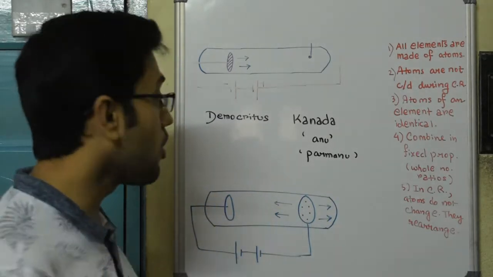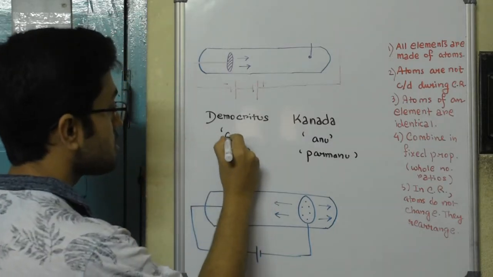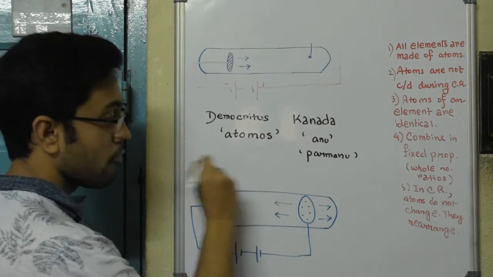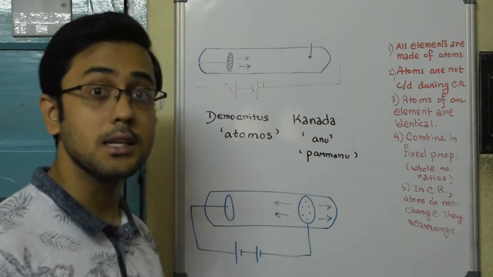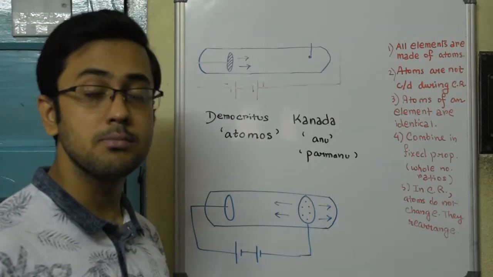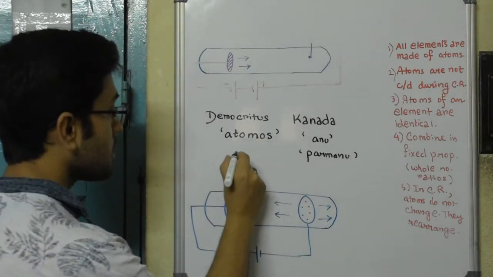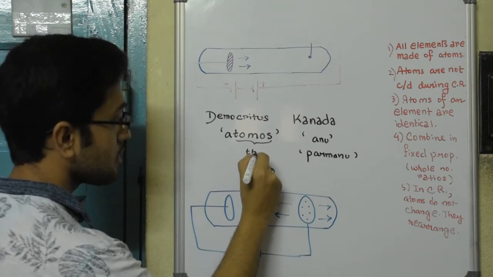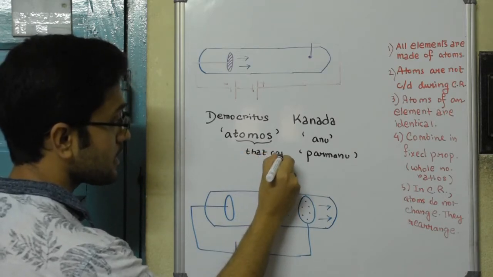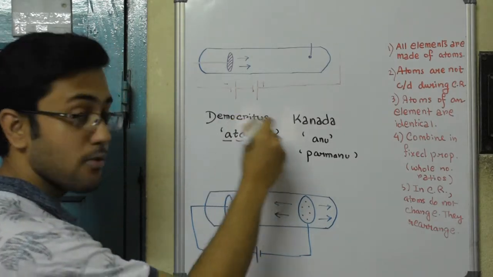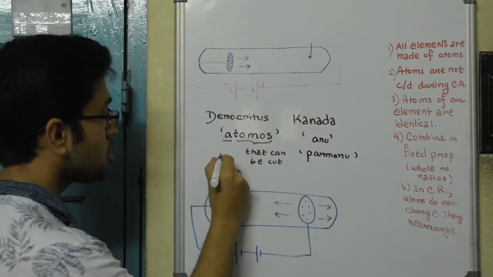He actually coined the word atomos, from which the word atom as we know today has been derived. And what does atomos mean? Well, in the Greek, the tomos means something that can be cut, and the letter A in front of that means not.